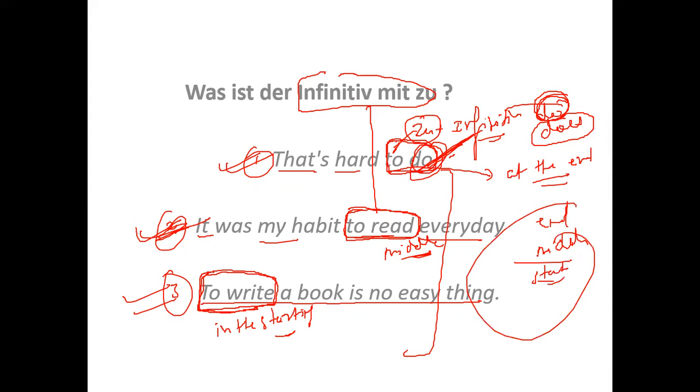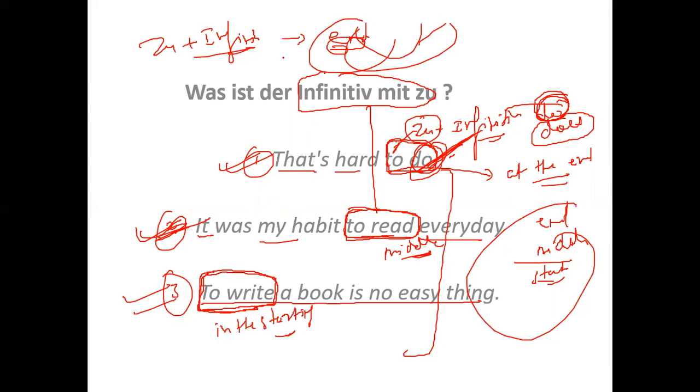But if I talk about German, this zu plus infinitive will always come at the end of the sentence, right? So this you must focus on. This is rule number one. Rule number one says that whenever I am going to use zu plus the infinitive form of the verb, it will always come at the end of the sentence, right?